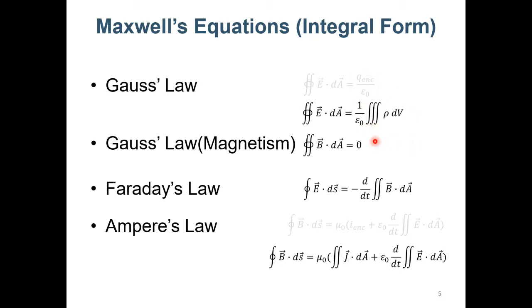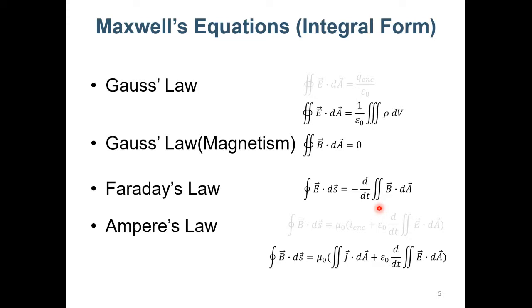It's like multiplying the density times the volume when it is constant, but here the density is not necessarily constant, so we generally use a triple integral. For the magnetic version, it is 0, so we don't need to change it.